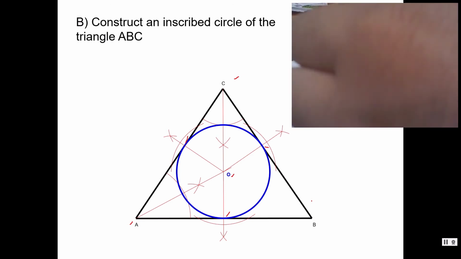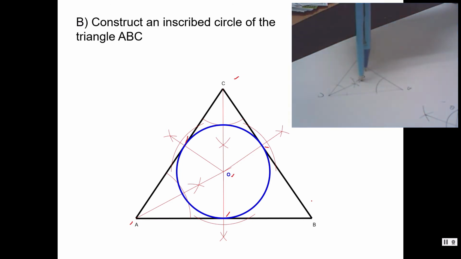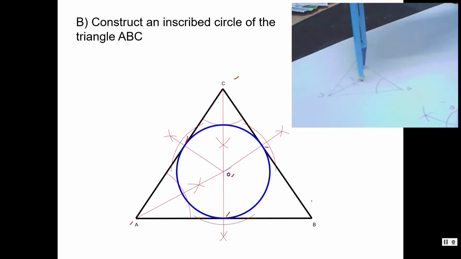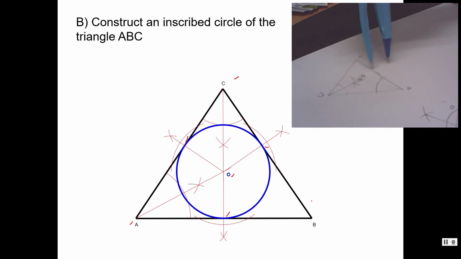From this point O, we are going to draw a circle here, so that we find the points where the circle and the line touch. Okay, so this is the point.